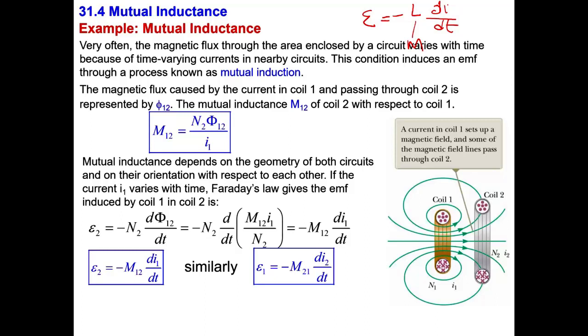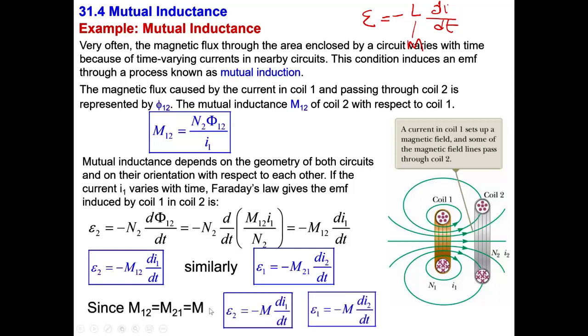What's interesting is that we will verify in an example that M12 and M21 are equal. So whether you calculate it by having the current through 1 and measuring in 2, or you do the opposite, you will find the same result. That makes our lives simpler.